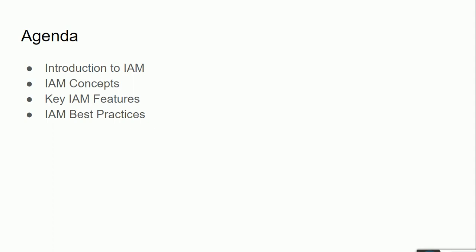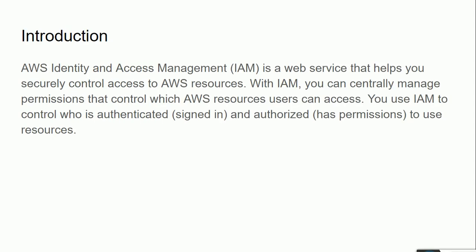First we are going to discuss the introduction to IAM. So basically, AWS Identity and Access Management is a web service that helps you securely control access to AWS resources.